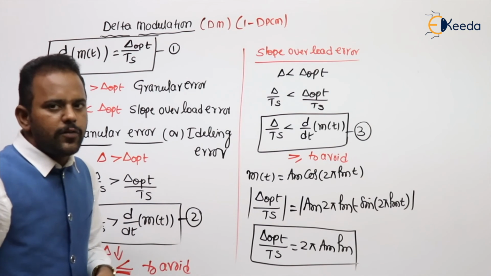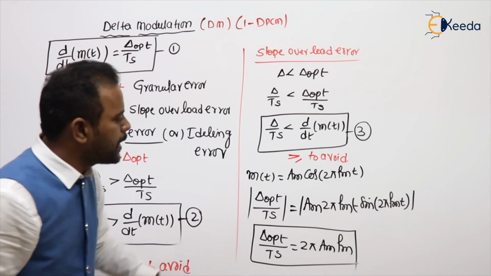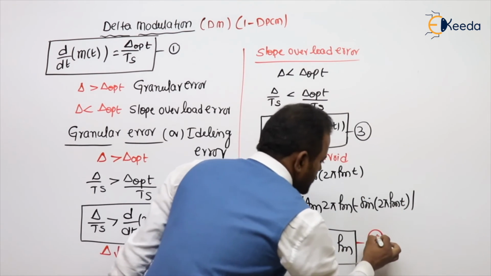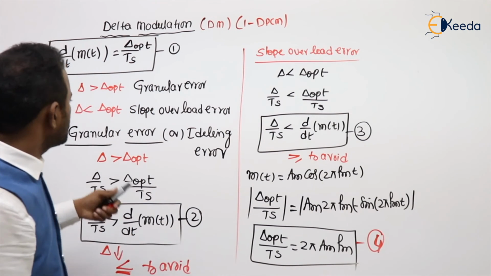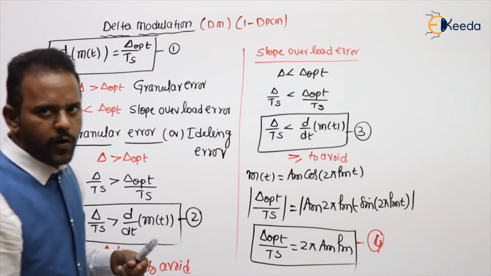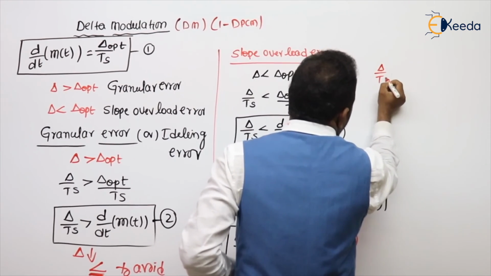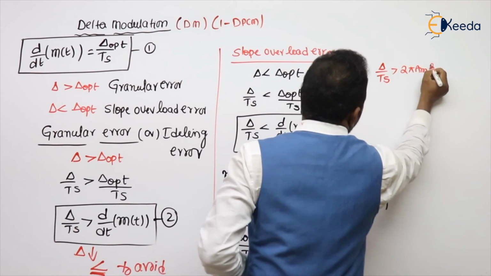This is the condition for calculation of optimum value for sinusoidal signal. Let's take this as condition number 4. Now what about the condition for granular error and slope overload error? Granular error means delta by Ts greater than 2 pi Am fm.